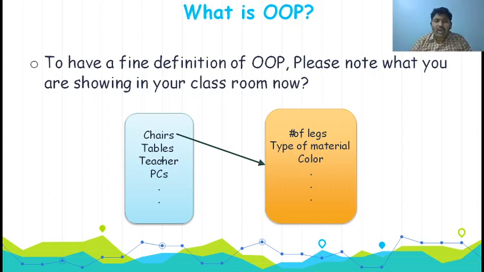Like that we have several objects. If you take a chair as one object, it has some properties, like the number of legs and type of material. It may be a plastic chair or a wooden one. It may have a color, a height, a size, and so on. So these are the properties. Every object has some properties.